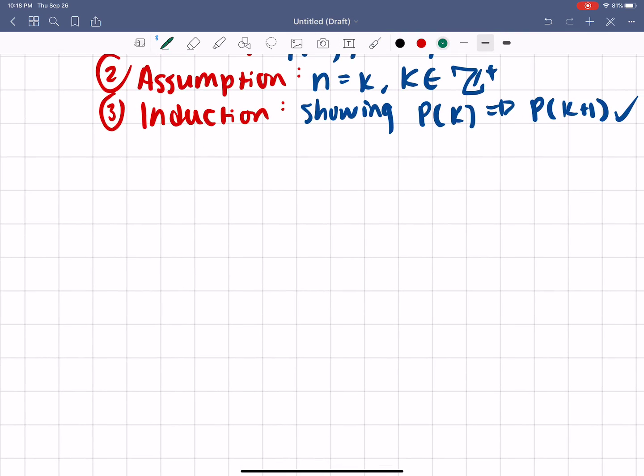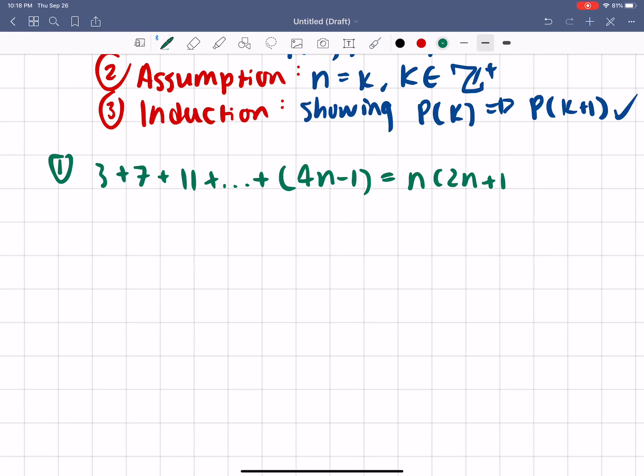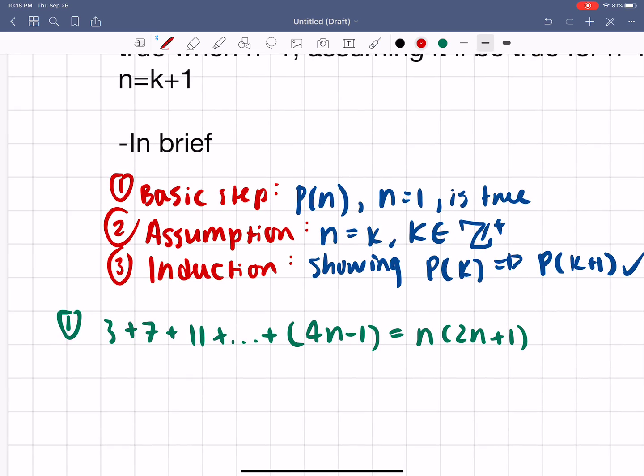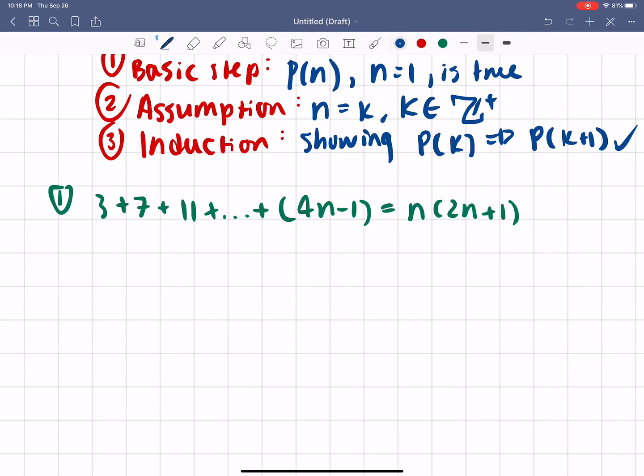So let's do an example. Let's use mathematical induction to prove this statement. Our first step, we said, was the basic step, so we prove that the statement holds true when n equals 1.